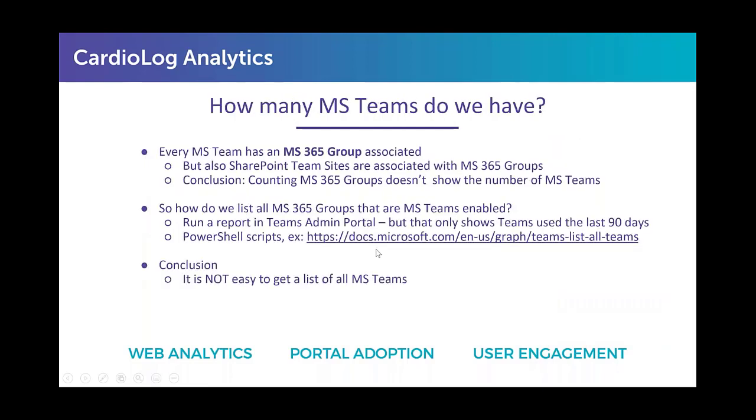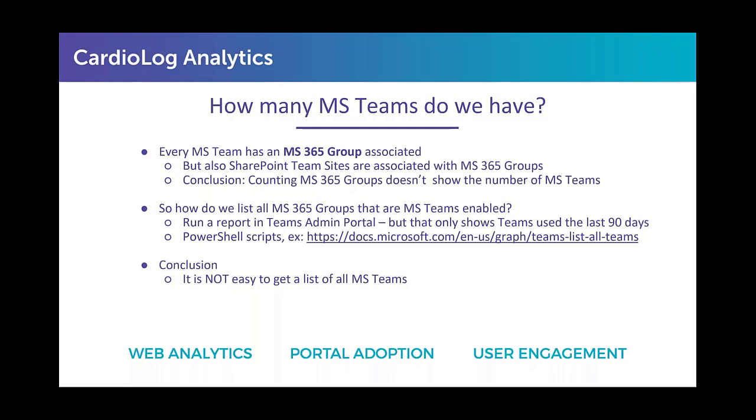So the first question, if you have a lot of teams, is if you're an administrator, you start thinking, can I get a list of all the Microsoft teams? And then you realize that every Microsoft team has a Microsoft 365 group associated. So why not count simply the Microsoft 365 groups? That's easy because you can do that in the 365 admin portal.